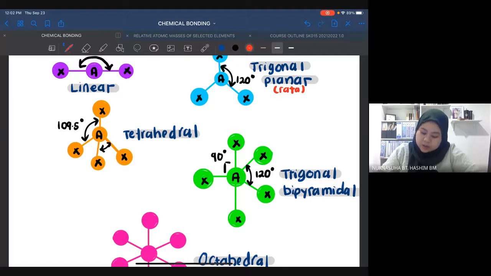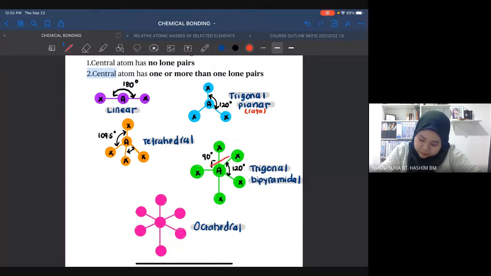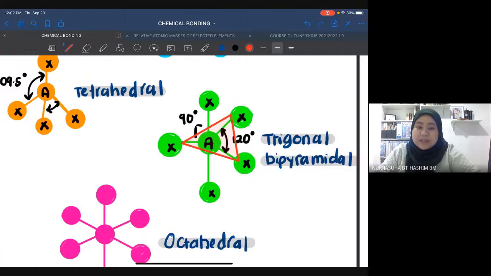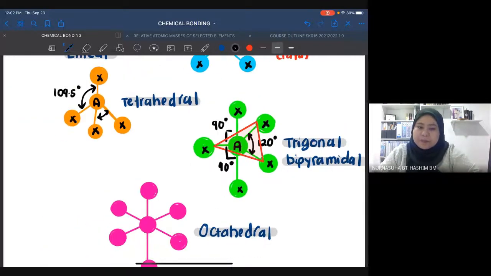Cuba awak tengok dekat tengah tu, dia macam segitiga. So that's why the angle 360 we divide by 3. So angle yang dekat tengah tu adalah 120. Yang dua ni, the bond angle is 90 degree lah sebab dia bersudut tegak.